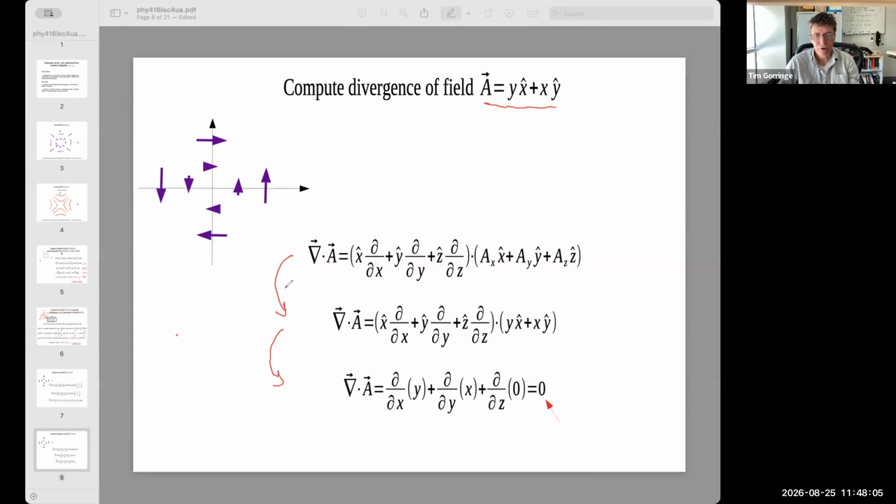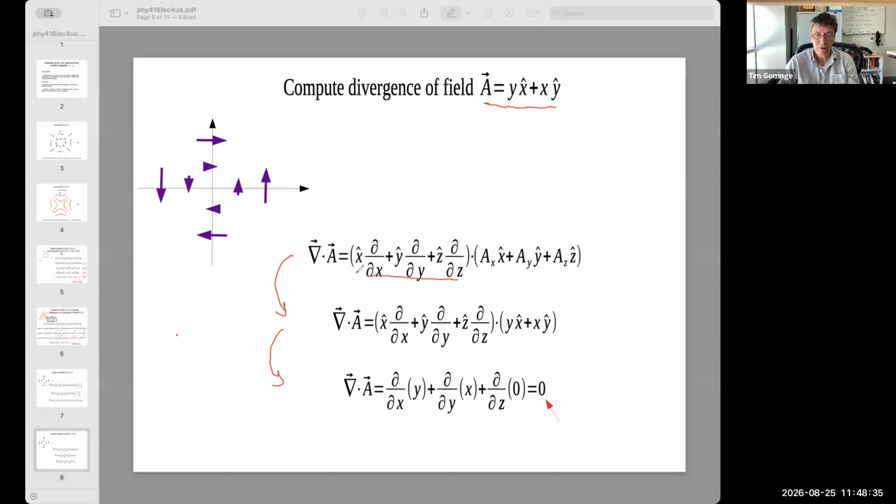In the first step, I just wrote down a general expression for the divergence of a vector field in rectangular coordinates. Then I implanted my specific field, and then I evaluated, in this case, the dot products. Rather, in the last case, we were evaluating the determinant, which was evaluating the cross products. So let's just walk through these.